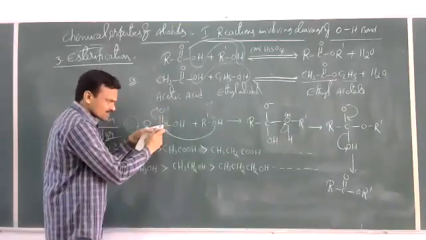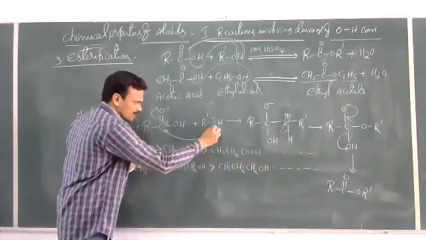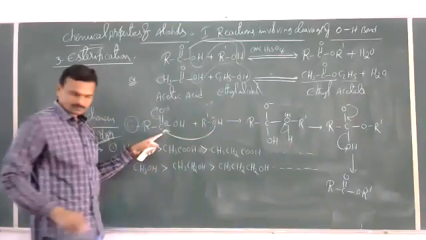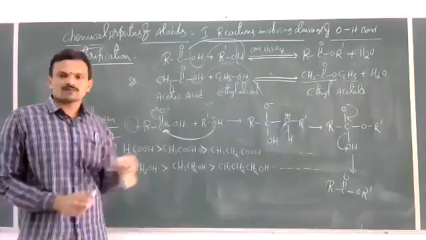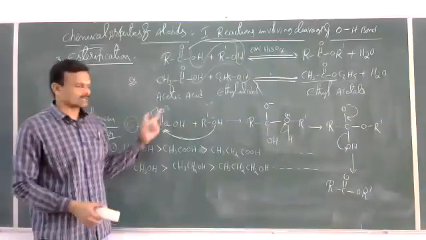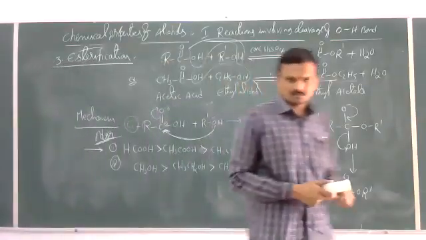As the electron deficiency at this carbon increases, the oxygen of alcohol can attack this carbonyl carbon more readily. Means presence of electron withdrawing groups increases reactivity towards esterification. So this is regarding esterification.